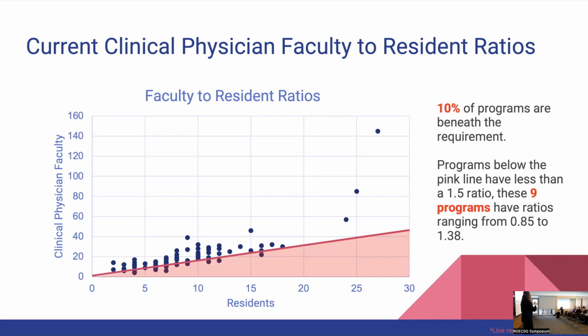Every dot that is at or above the line seems to be meeting the current requirement, but every dot that is below represents a program that may be at risk of not meeting this new requirement. So we see that about 10% of programs, or 9 programs, fall below this new requirement. They range from 0.85 to 1.38.